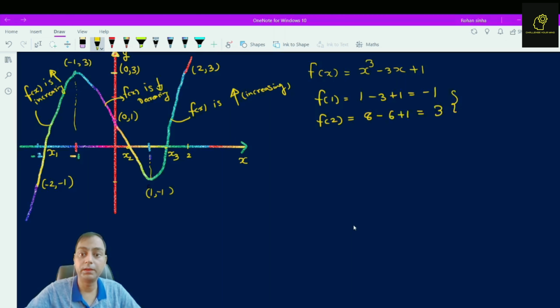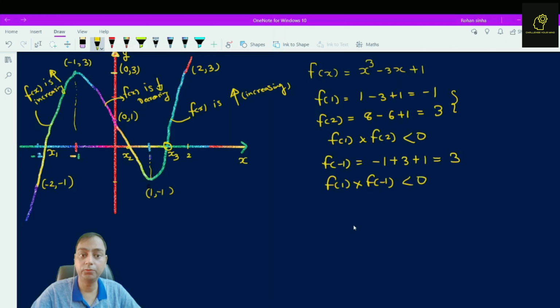So f of 1 into f of 2 is less than 0, so one root must be there in this interval. So this is x3. And what about f of minus 1? f of minus 1 is minus 1 plus 3 plus 1, so this is 3 only. And f of 1 into f of minus 1 is less than 0. So one root x2 is here.